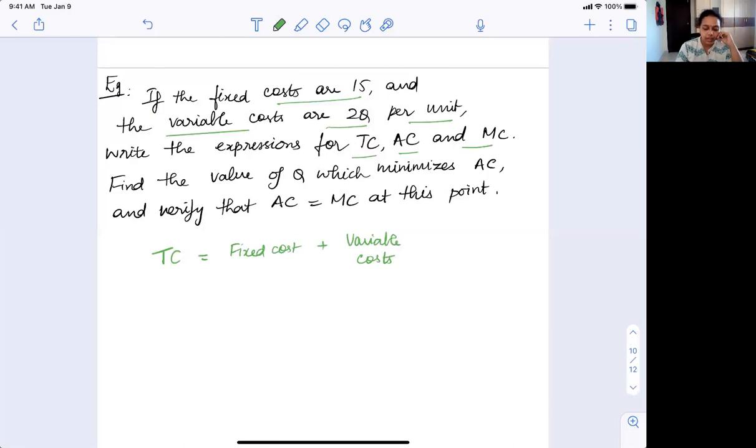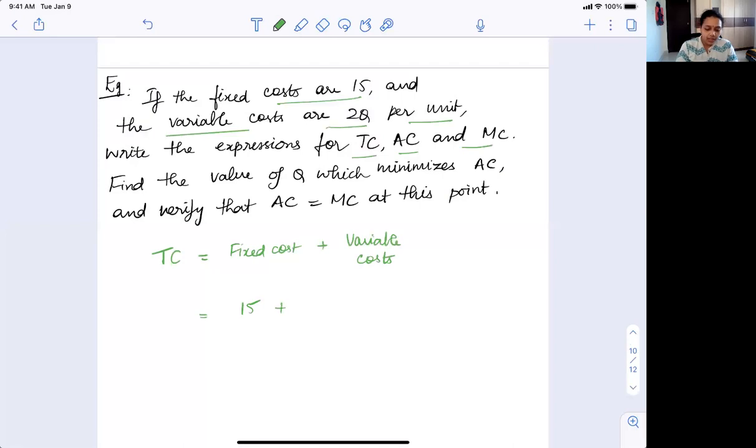So that's fixed cost. And variable cost is that part of your cost function which varies with the quantity that you produce. So in this particular case, fixed costs are given to be 15. So that will just be a component of my total costs. And my variable costs are 2Q per unit.